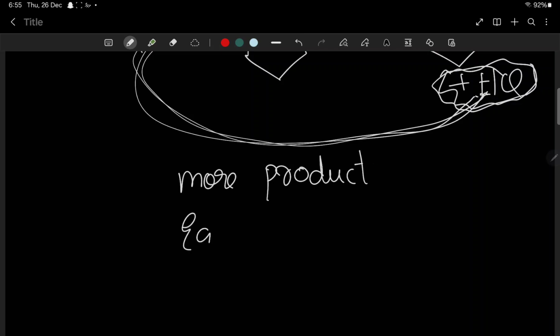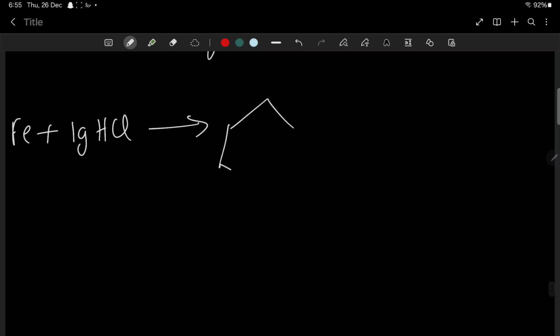According to the equilibrium approach, Le Chatelier's principle, look what happened. We get HCl formed. If we add 1 gram of Fe plus 1 gram of HCl at the start of the reaction, we should get some amount of NH2, some x gram of NH2.